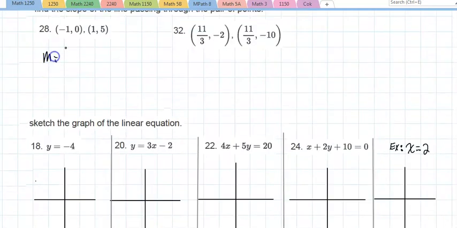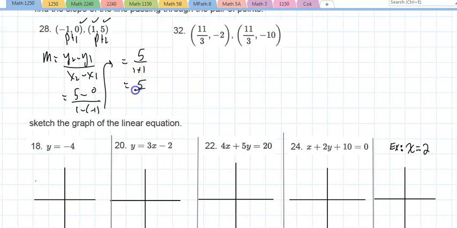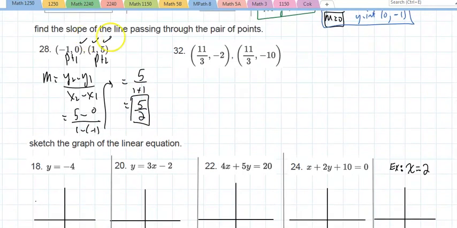So since I'm given 2 points, I would say this is point 1 and this is point 2. y2 minus y1 over x2 minus x1. So the slope would be 5 minus 0 over 1 minus a negative 1. Wouldn't that be a 5 over 1 plus 1? The slope in this case is 5 halves. And that's all they want here. Find the slope through the given line.